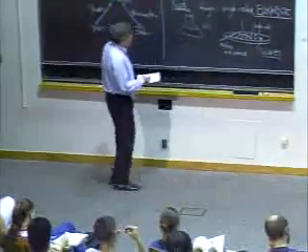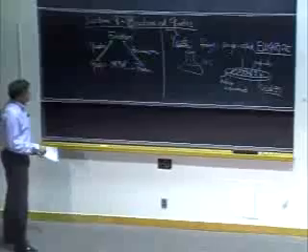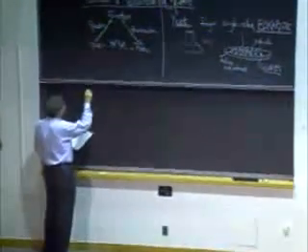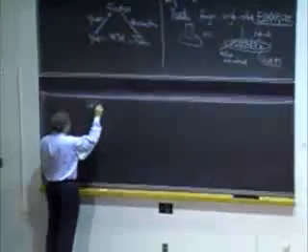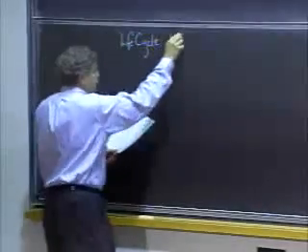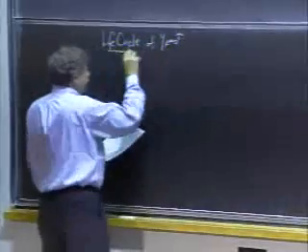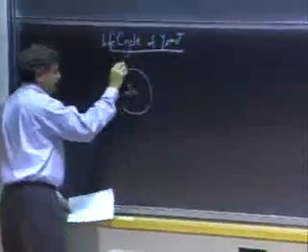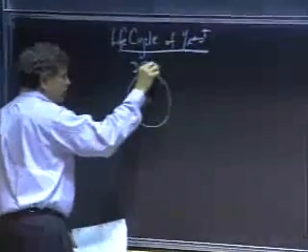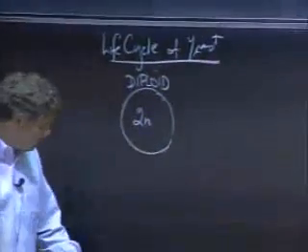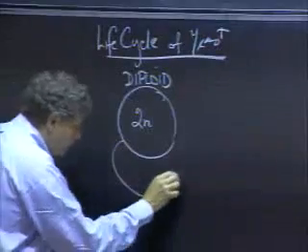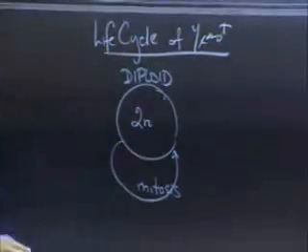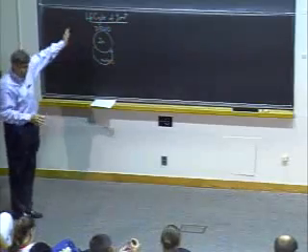Now, when yeast grows and divides like that, let's take a moment and talk about its life cycle. Yeast, a proper eukaryote, has a diploid stage. It grows as a diploid, and it can undergo mitosis, in which all of the chromosomes line up, as we talked about.